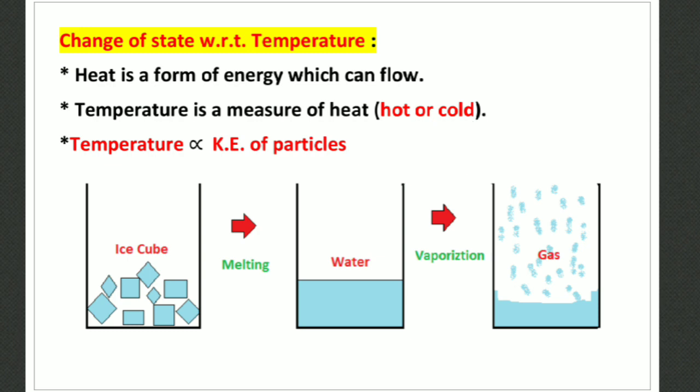Now look at this diagram. There are three beakers. In the first beaker there is an ice cube, in the second beaker water, and in the third beaker the gaseous or vapor state of water.